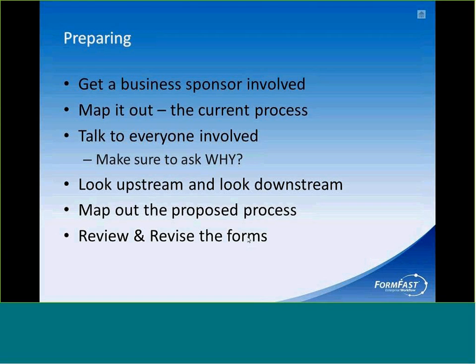If you've seen past webinars on process improvement, one of the things that came out is to really ask why. Why do we do this? Why are you doing it that way? You'll find out there are a lot of things happening that people don't really know why they're doing anymore. It's just always been that way. So that's one quick way to start eliminating some redundancy or waste in your processes.